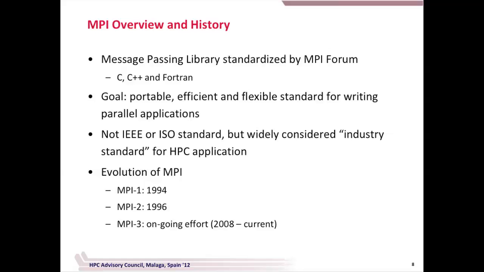This work has been going on for almost the last 4 years. It started in 2008, and it is continuing. In fact, next week at EuroMPI in Vienna, the final version of MPI 3 is being voted on. If that voting passes, it will be MPI 3.0, and it will be formally announced at the supercomputing conference in November.